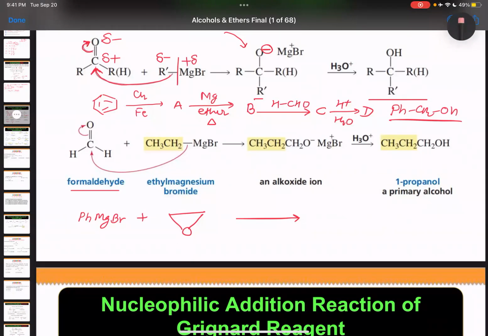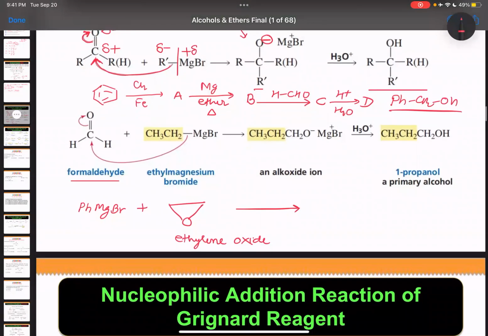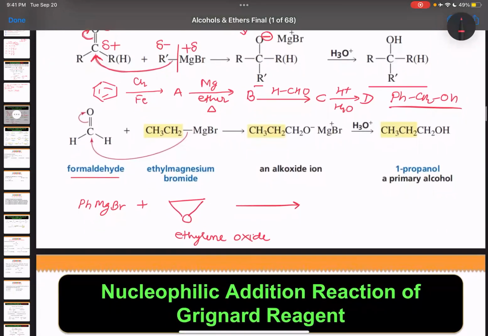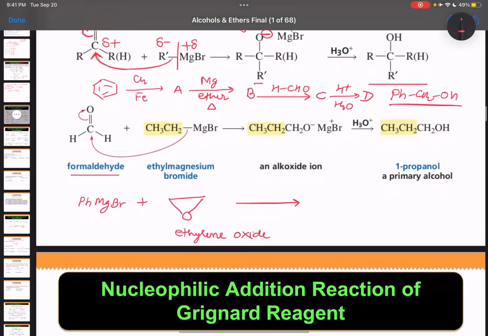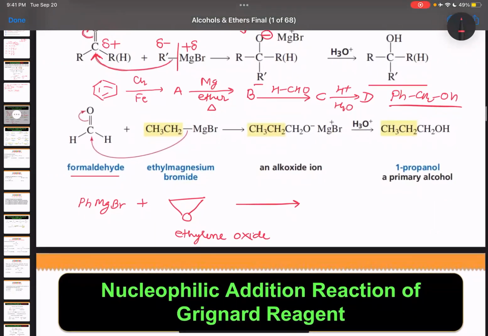It is known as ethylene oxide, because it is prepared from ethylene. The other name is oxirane. Is it clear?